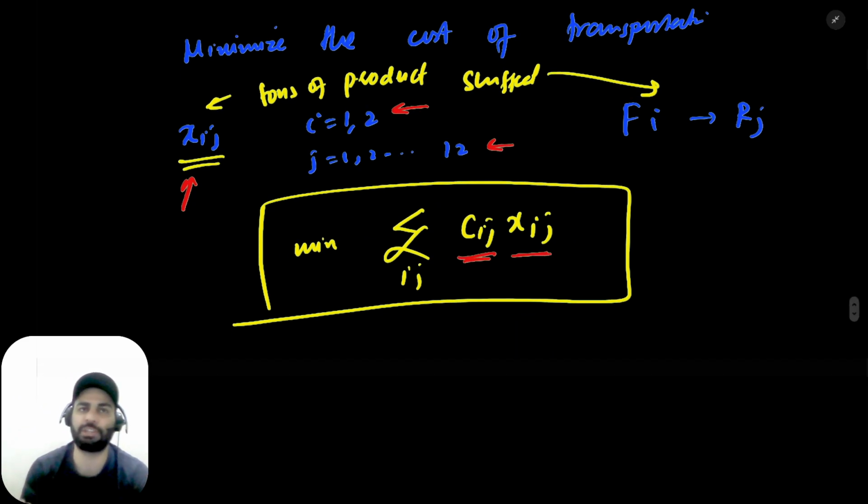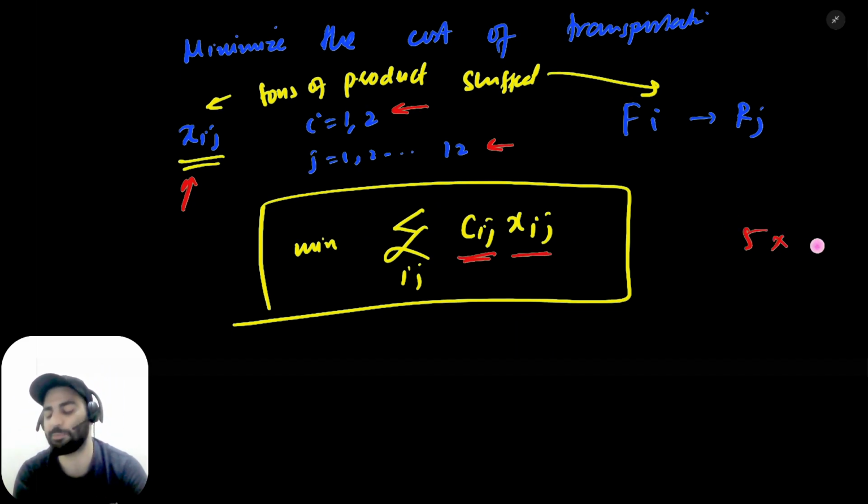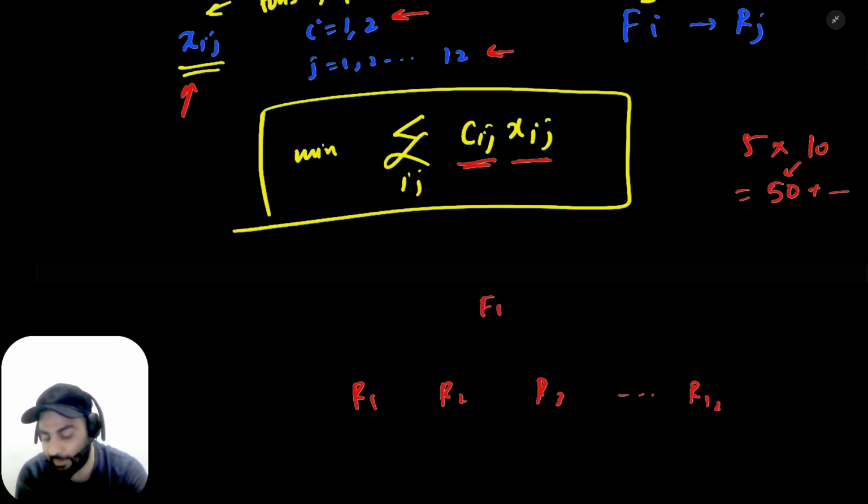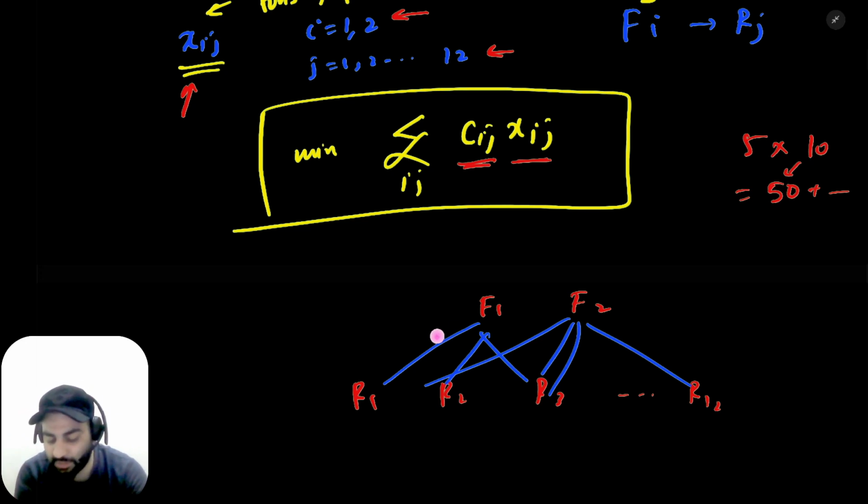It's like if you have to ship, let's suppose, 5 kg, and for each kg the cost is 10 rupees. So 10 multiplied by 5 is 50. This is for one factory, and for the other factory you will sum these up. Suppose we have outlets R1, R2, R3 till R12 and factories F1 and F2, each sending some product, and each shipment has an estimated cost.